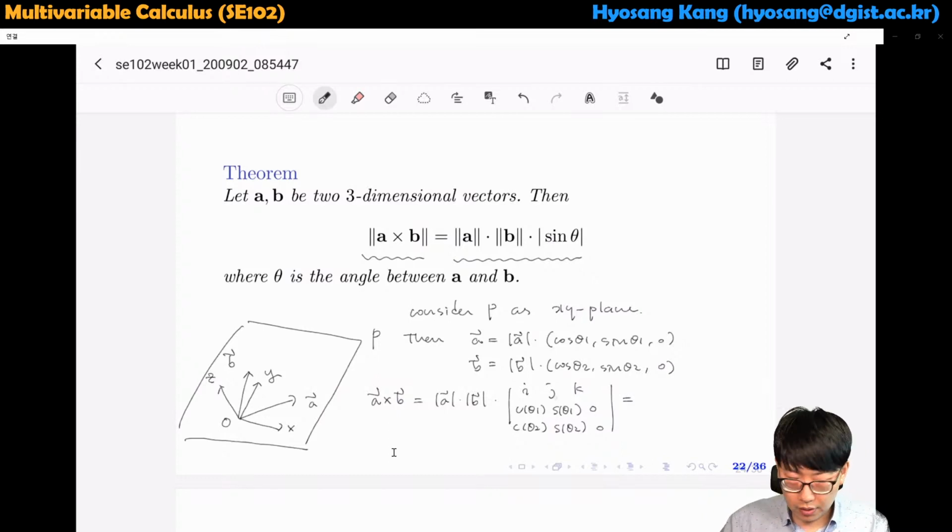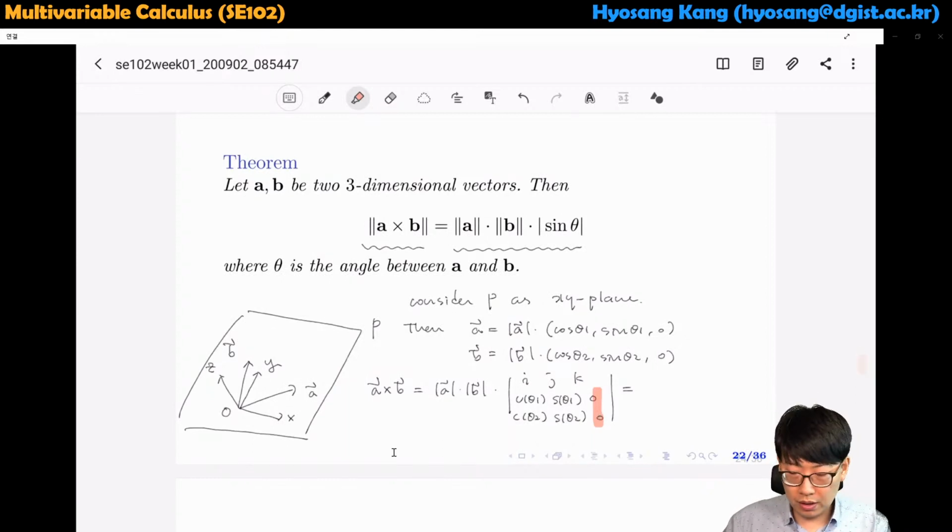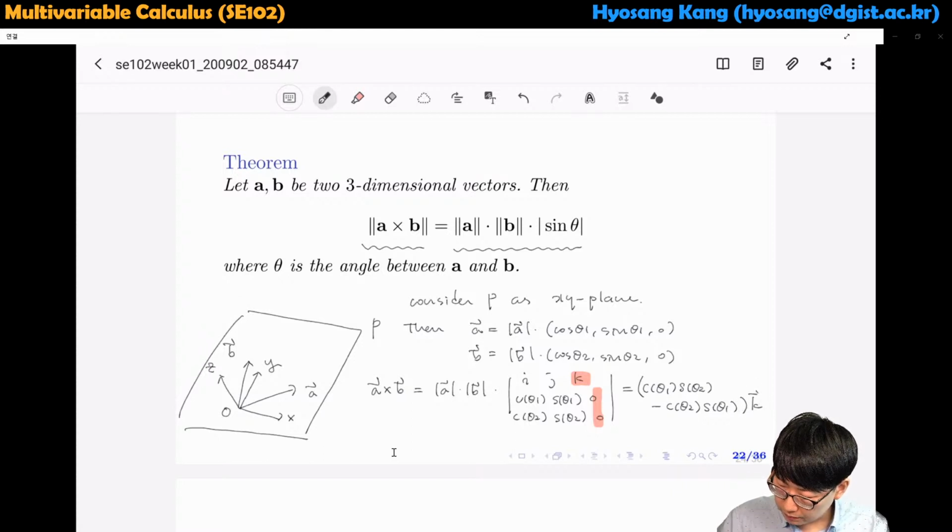Whenever you compute the coefficients of i and j, there are 0s, which makes every such coefficient 0. So what we are left with is only the k part, right? So k has coefficient cosine theta 1 sine theta 2 minus cosine theta 2 sine theta 1, right? So these are the coefficients of k. Okay. I want to take the norm of this cross product, not the cross product itself. I know that the direction is always the k direction, the z direction.